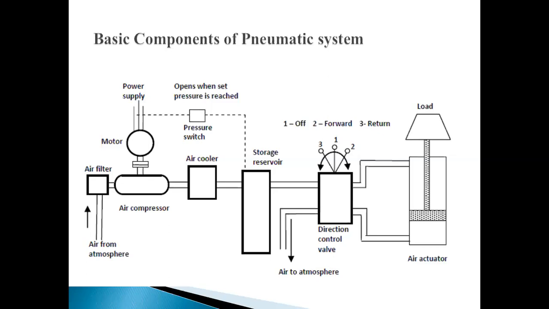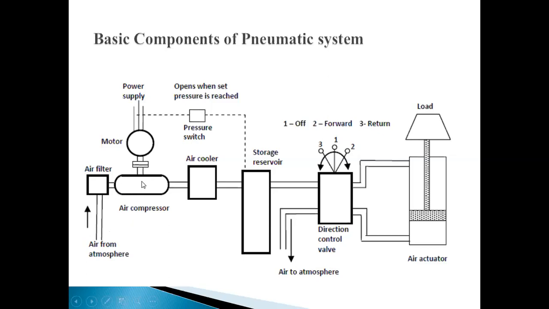External power is supplied to the motor, which operates the compressor. And there is a pipeline. This pipeline is used to supply the compressed air to the air actuator. This pipeline should be strong to sustain the air pressure. Now, air is withdrawn from the atmosphere through the air filter.